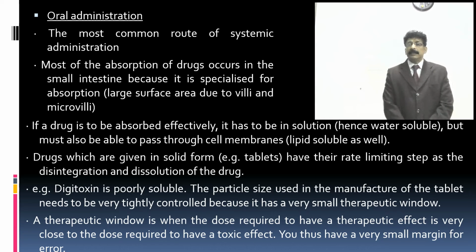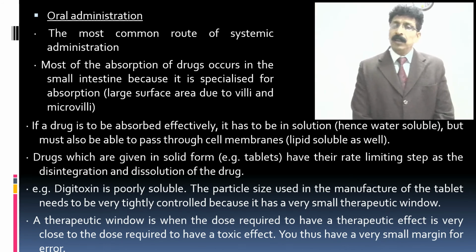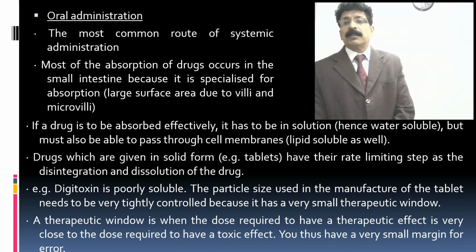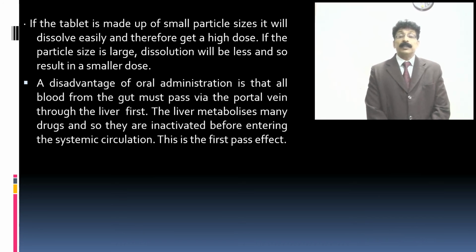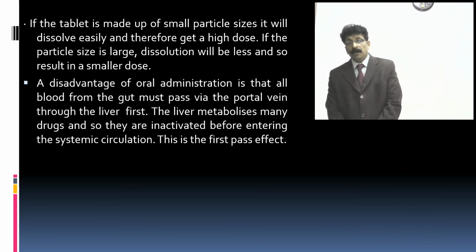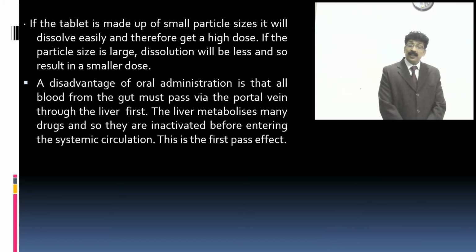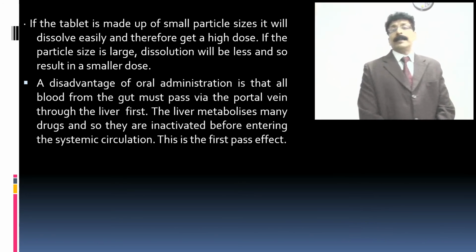But there is no other way, like digoxin, we are depending on it for the treatment of cardiovascular system patients. So that is the therapeutic window. It is also a very important question: what do you mean by therapeutic window? What are the benefits or the disadvantages of narrow or wider therapeutic windows?